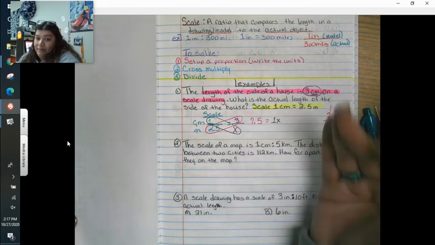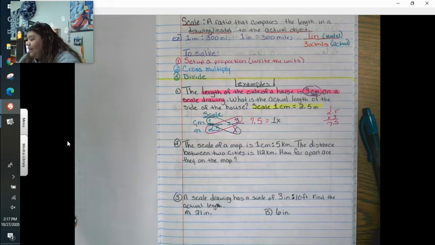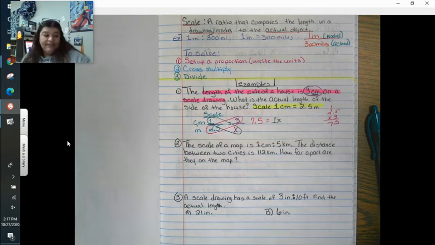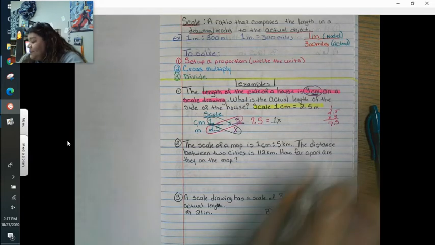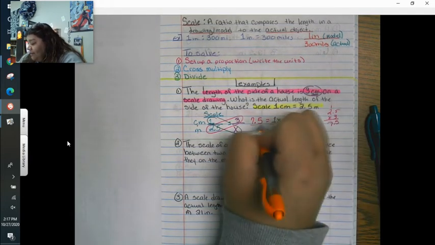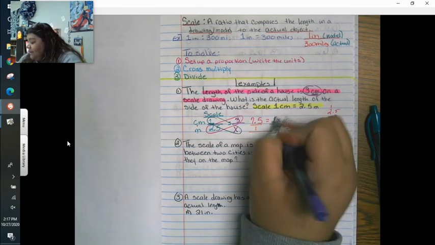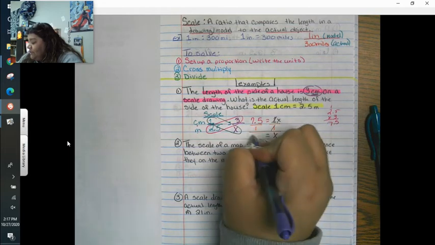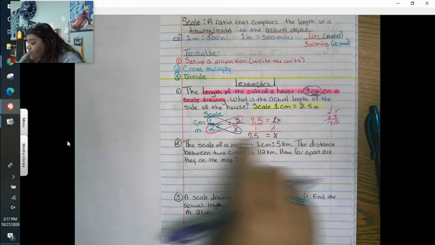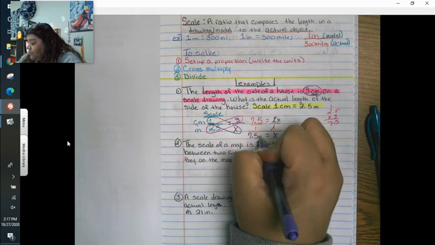You're either going to be multiplying by 1 or dividing by 1. And I really do like dividing by 1. So what happens when you divide any number by 1? You get the exact same answer. So x is equal to 7.5, and don't forget to put the units, meters.